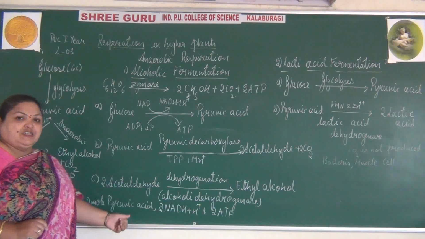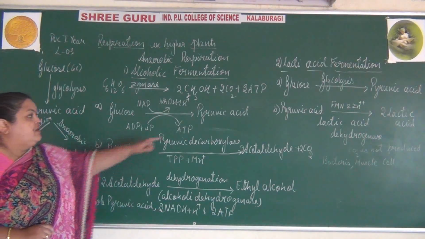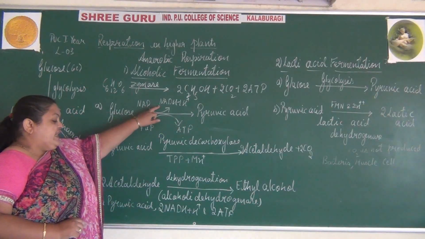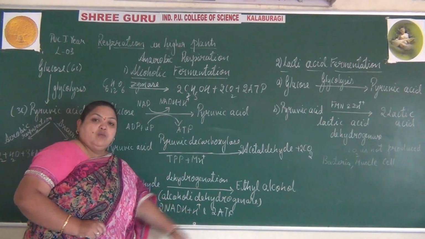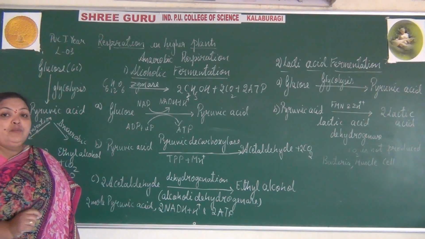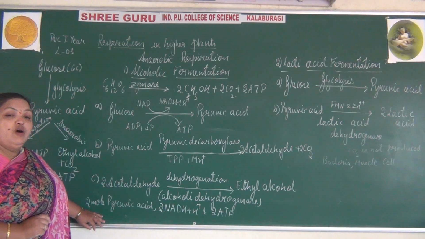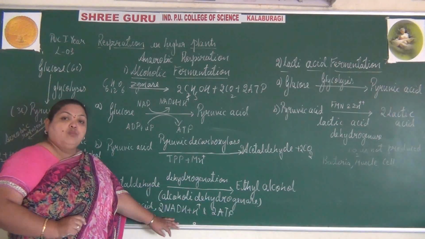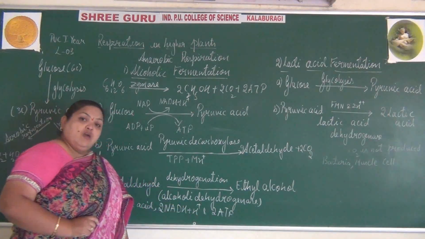And at last we get two molecules of pyruvic acid with the formation of two NADH molecules and two ATP molecules. Overall, the end products are two molecules of pyruvic acid, two molecules of NADH2 and two ATP molecules.